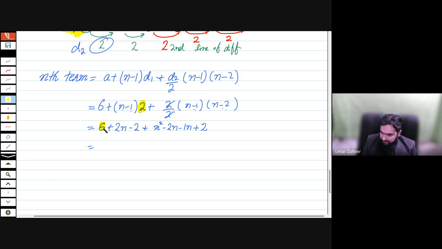So we have 6 minus 2 plus 2; minus 2 plus 2 will cancel out. Plus 2n minus 2n will cancel out as well. We have n square minus n and plus 6.